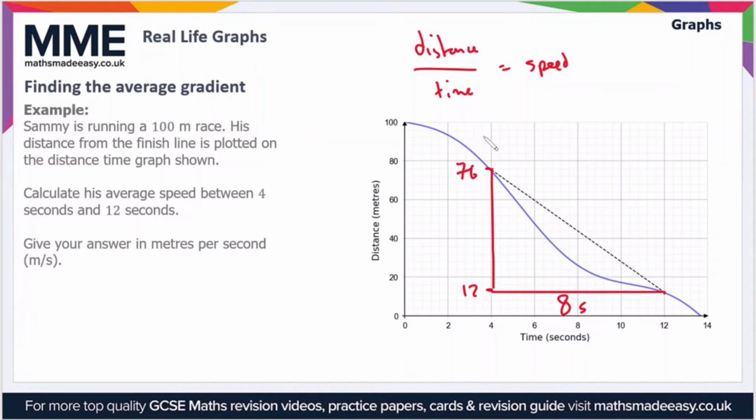So therefore the distance span is 76 minus 12, which equals 64 meters. So to find the speed, all we do is we divide 64 by 8, so that's distance divided by time, and that gives us 8 meters per second.